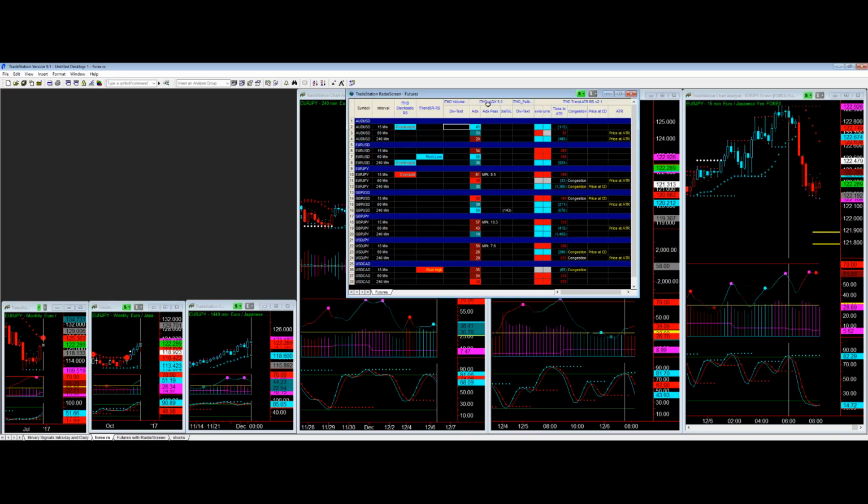The next indicator is the THD ADX. Anytime we have a number under the ADX column that is greater than 50, we can expect a magenta peak. The significance of a magenta peak is that price should retrace back to the ATR.